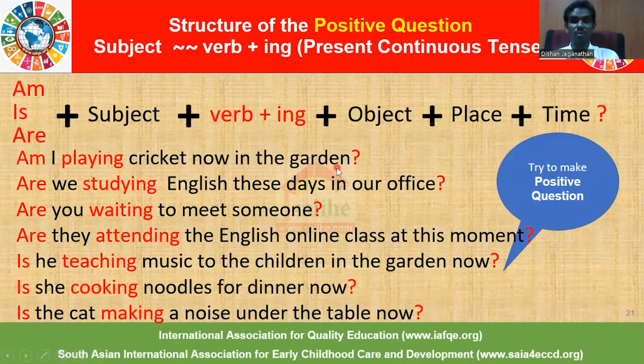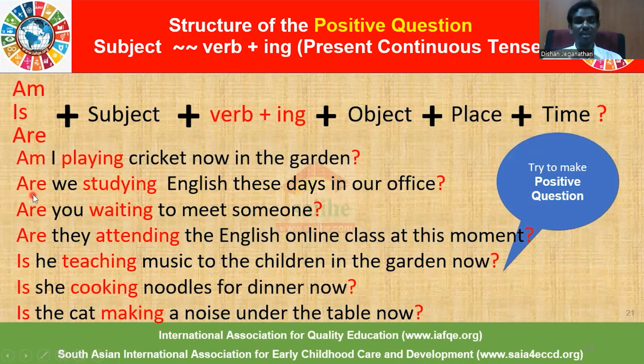The question begins with am, plus the subject is I, verb plus ing, playing, object cricket, and place and time is referred by now in the garden. Are we studying English these days in our office?